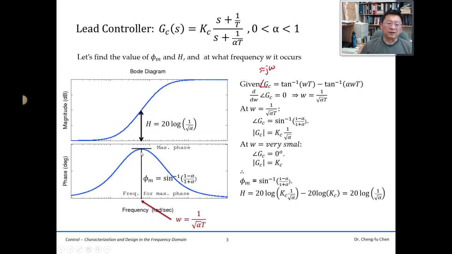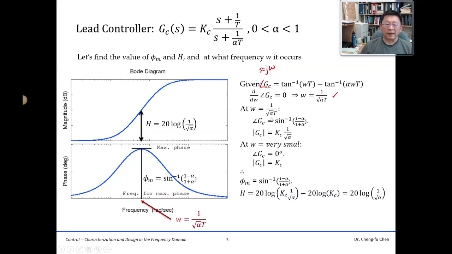To calculate the maximum value, we simply take the derivative and set it equal to 0. From here, we find omega equal to this number, calculated here already. At that frequency, we simply calculate the angle of this controller.